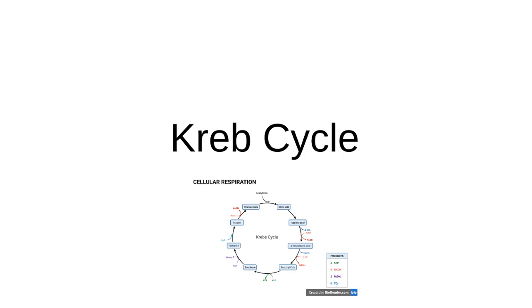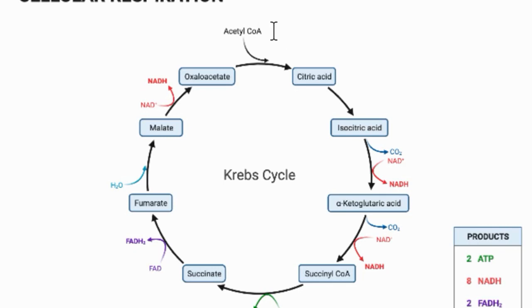We start with your acetyl-CoA, which is the product of your glycolysis. When you come down the Krebs cycle, you get a water that comes out, and then you produce 2 carbon dioxide molecules. Here you get your NAD+ turning into NADH, you get 2 more CO2, and your NAD+ turns into your NADH.